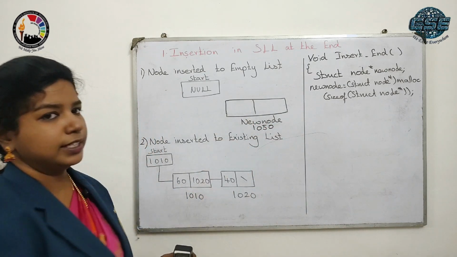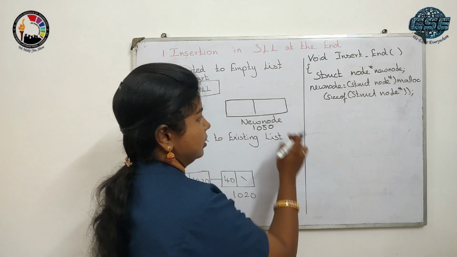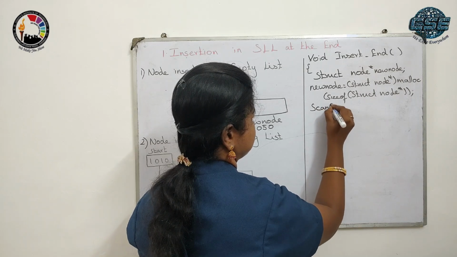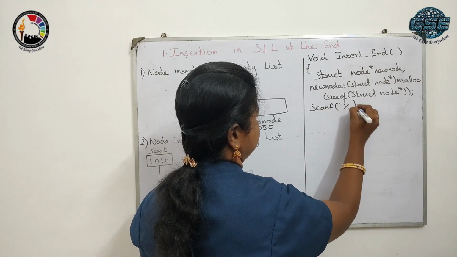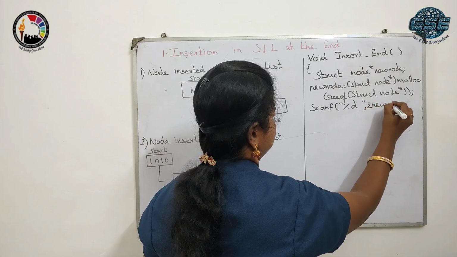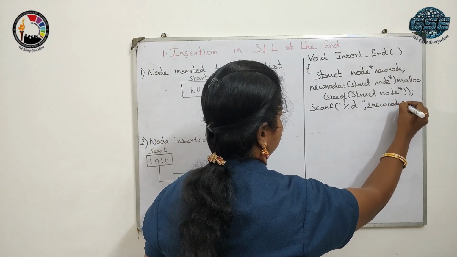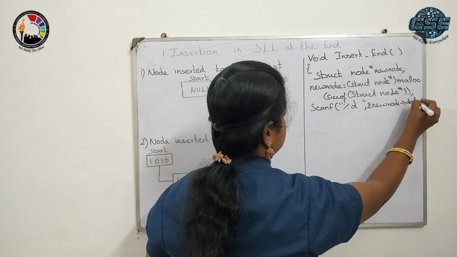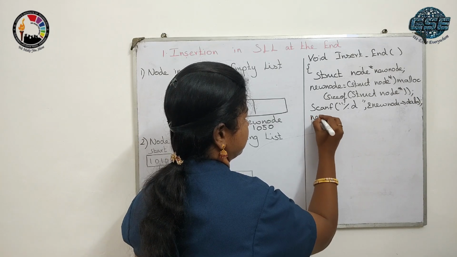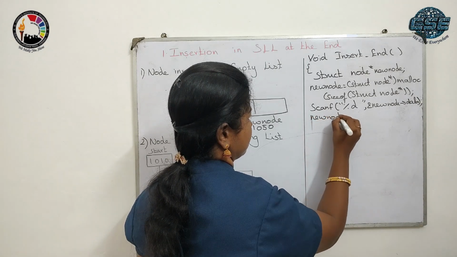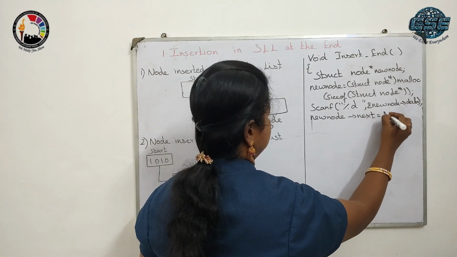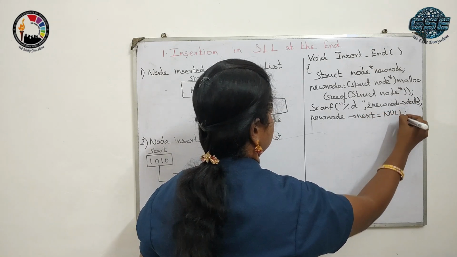Next we have to get the data part and assign the next part to be null. Using a scanf statement, I am getting the data part from the user, new node of data, and then I am assigning new node of next is equal to null.